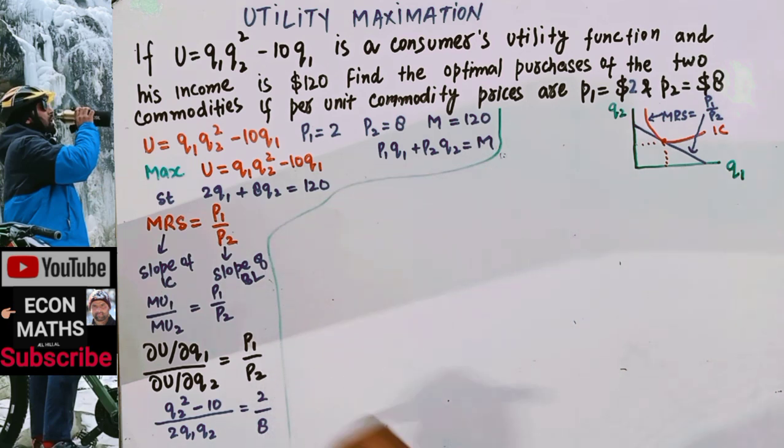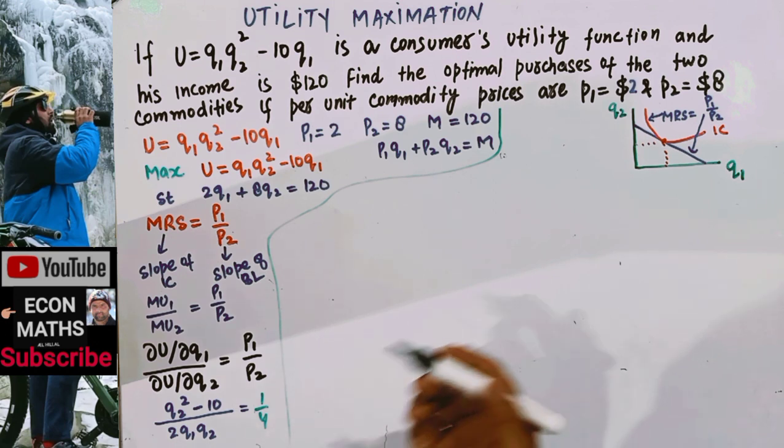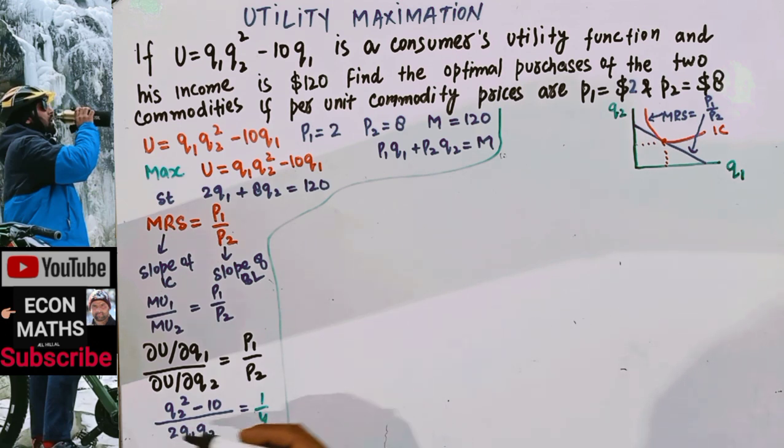Let us solve this a little bit. Let's write it here: 2 1s are 2, 2 4s are 8, so the ratio simplifies to 1 upon 4. I'm just simplifying it here. Now let's do some cross multiplication.